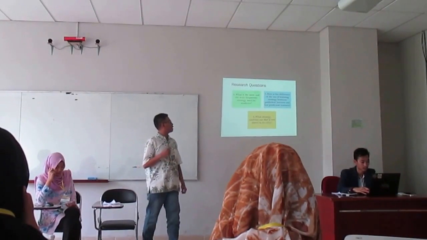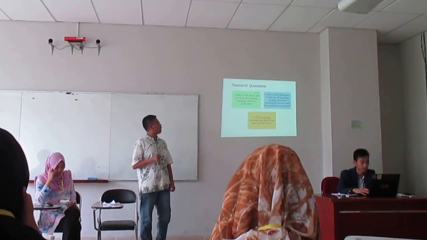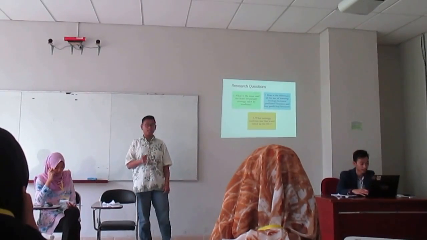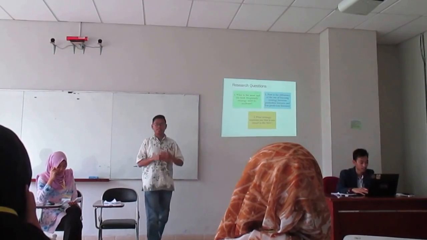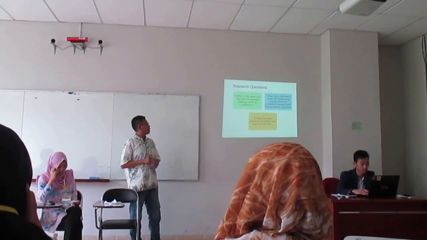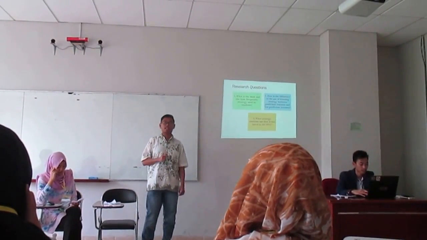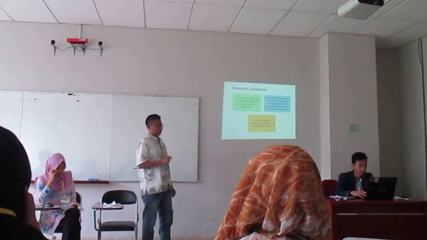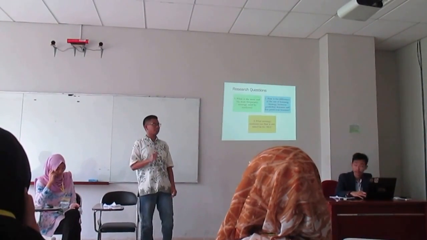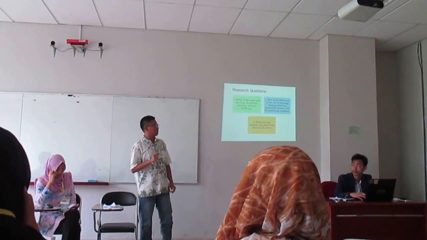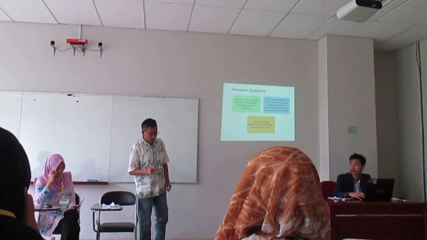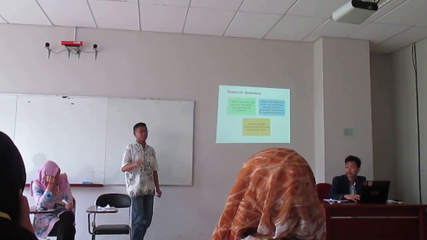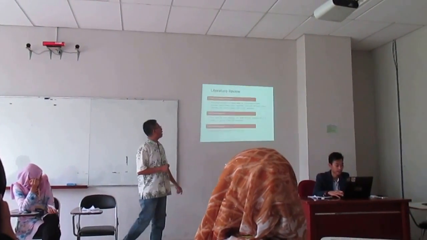The second is how is the difference in the use of learning strategy between proficiency levels, the high achiever and the low achiever. And the third is what strategy students use that is not listed in SEAL, the Strategy Inventory for Language Learning. Okay, next.